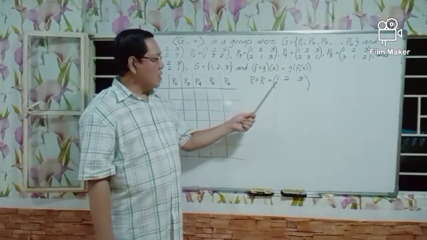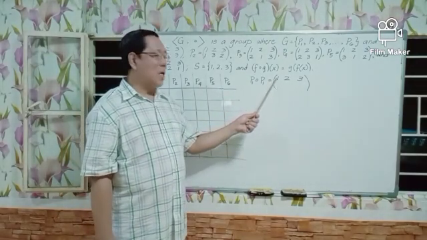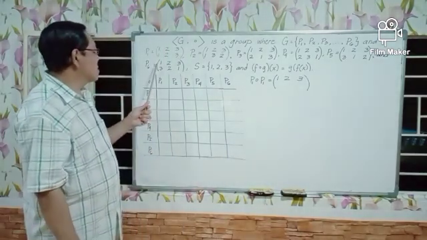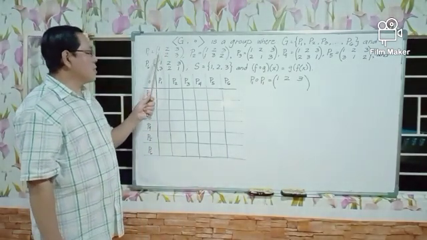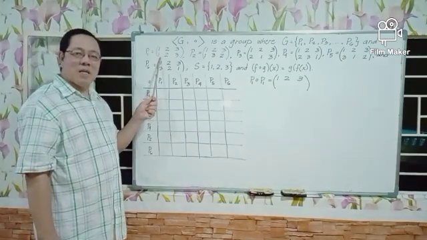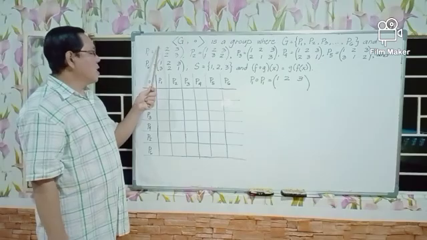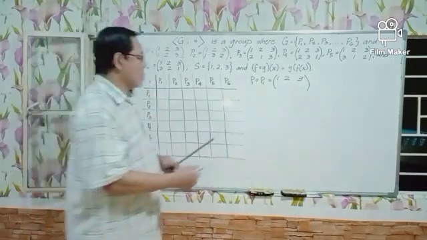So we start with 1. We find the image of 1 under the function P1. 1 is assigned to 1, and again we find the image of 1 under the function P1. 1 is assigned to 1.